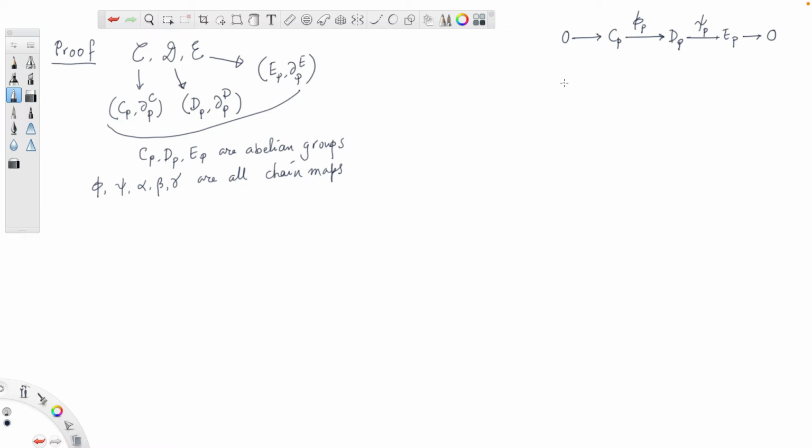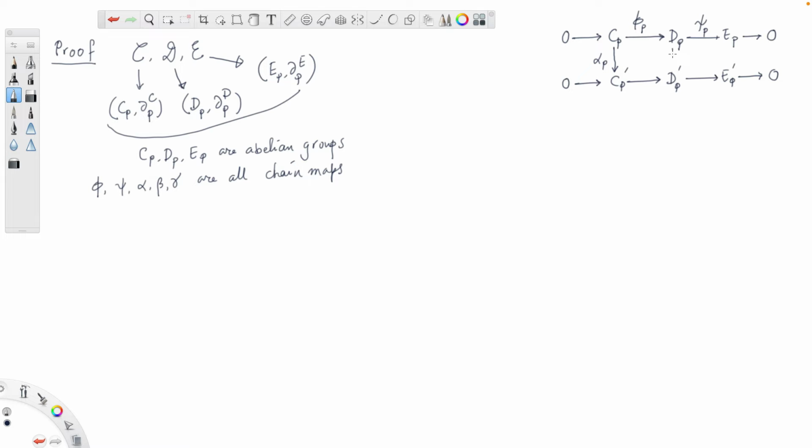At the bottom, I have another short exact sequence from 0 to CP prime, then from CP prime to DP prime, then from DP prime to EP prime, and then from EP prime to 0, the trivial group. The group homomorphism from CP to CP prime is denoted by alpha p.